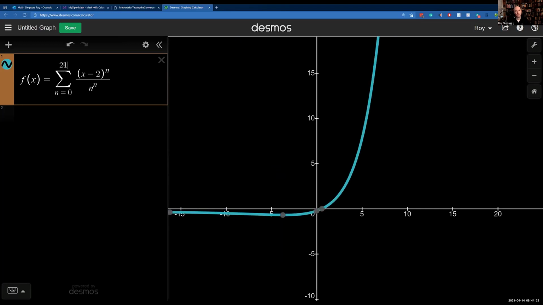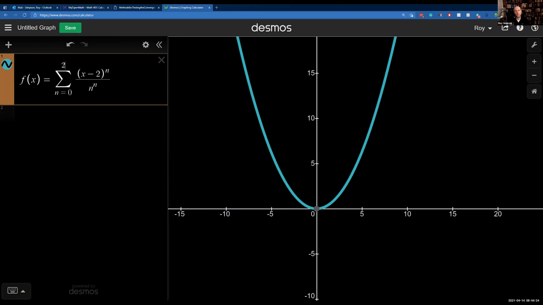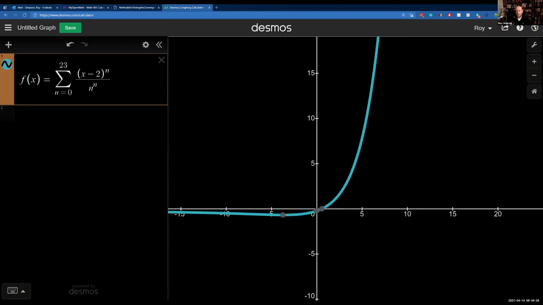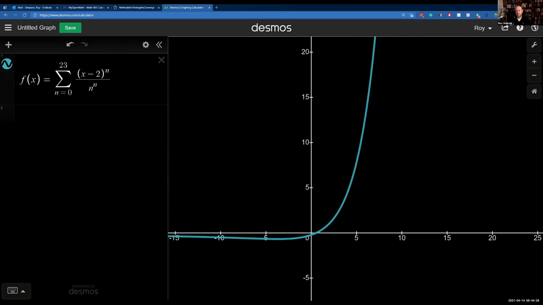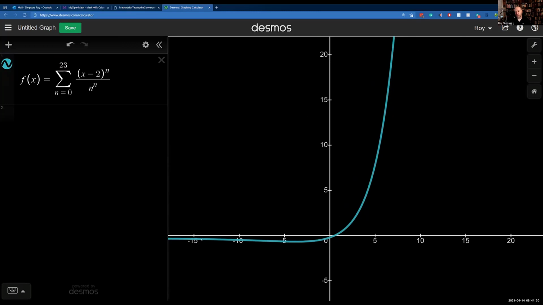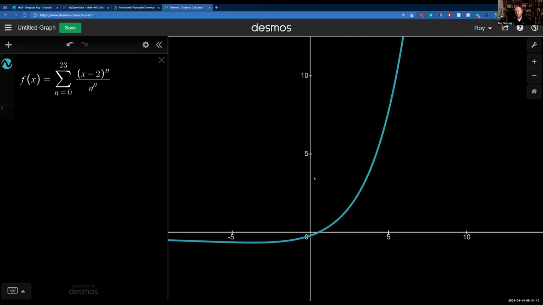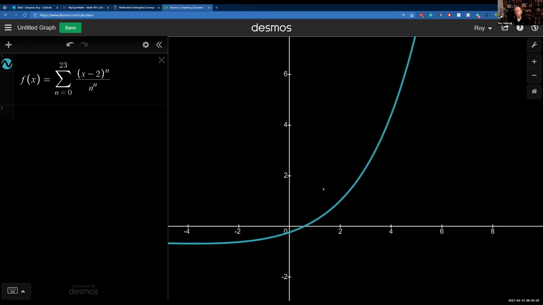20, 21, 22, 23. Okay, so it looks to me like almost exponential, right? It's got this dip down, it climbs up. So this 23rd degree polynomial is probably a pretty decent one to approximate whatever function this power series represents. It's 100% accurate at x equals 2 at the center.